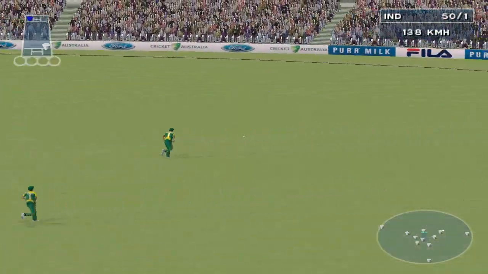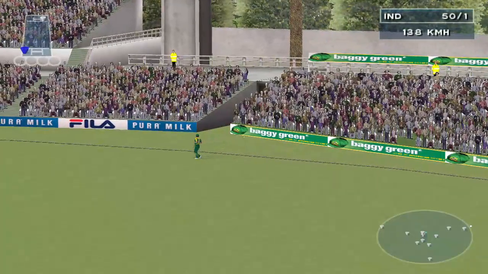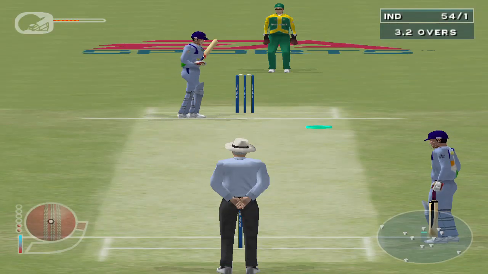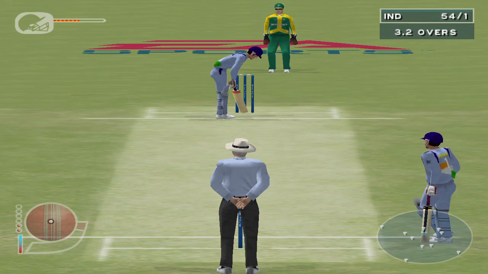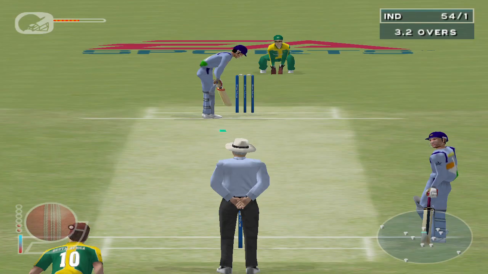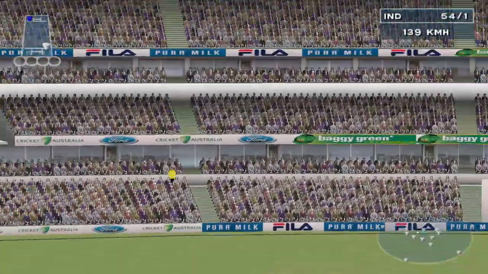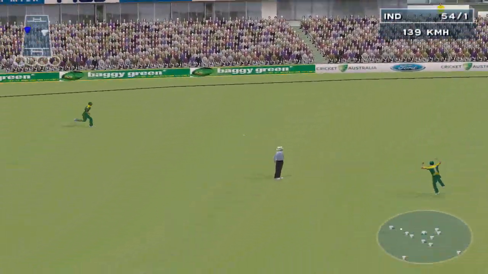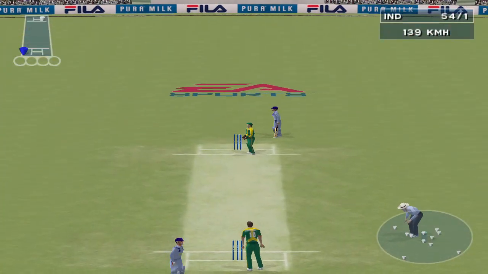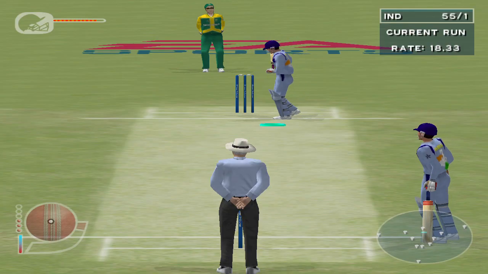That's a superb shot. He found the gap with precision. Well, that was a perfectly played cut. Kept on top of it, rolled the wrists, and it just sped to the fence. Another run to Ganguly.